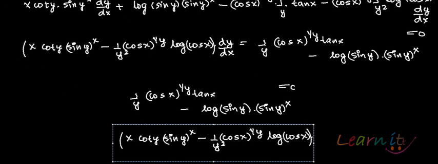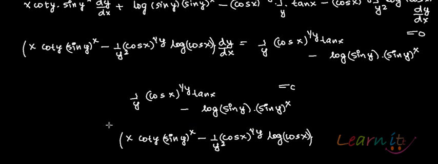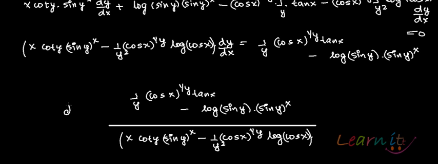Fine, and this is your dy by dx in this case. Okay, so these are just two simple examples of implicit differentiation and logarithmic differentiation at the same time.